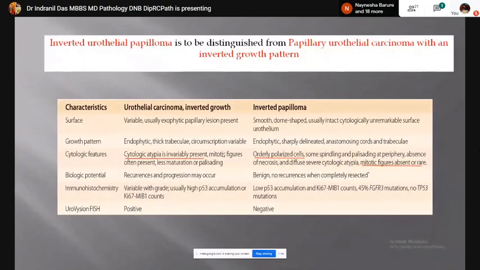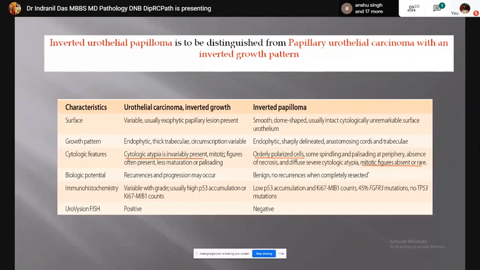Now, inverted urothelial papilloma should be distinguished from papillary urothelial carcinoma with an inverted growth pattern. The urothelial carcinoma with inverted growth pattern basically shows atypical mitosis, which may be present, but in inverted papilloma the polarity is maintained and mitotic figures are almost absent.